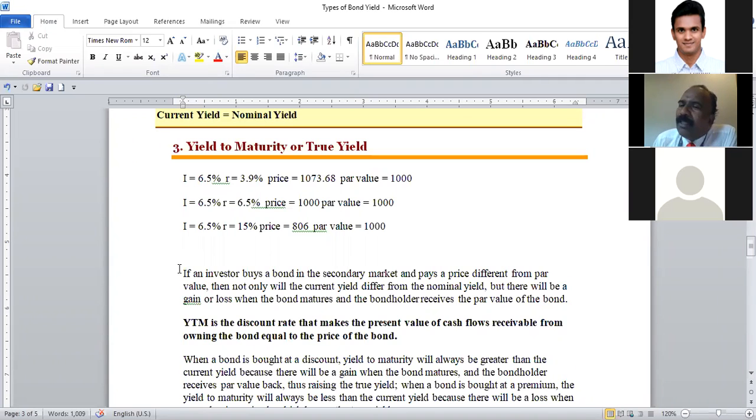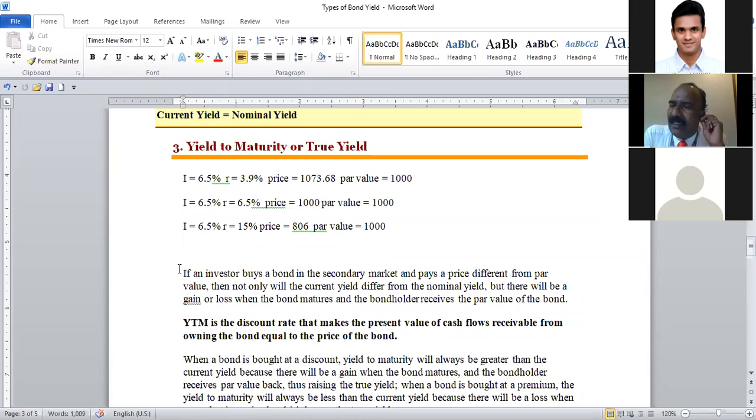So yield to maturity and internal rate of return are one and the same. What is the rate at which the value of cash inflow equals the value of cash outflow?